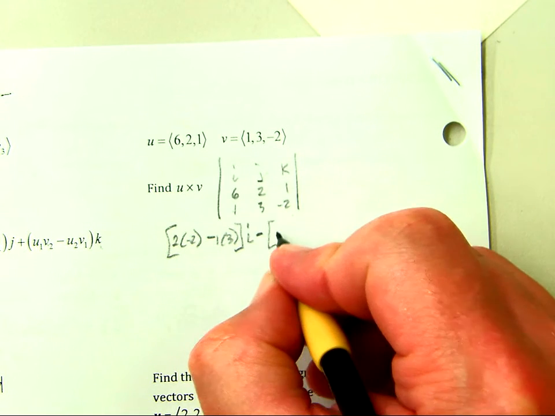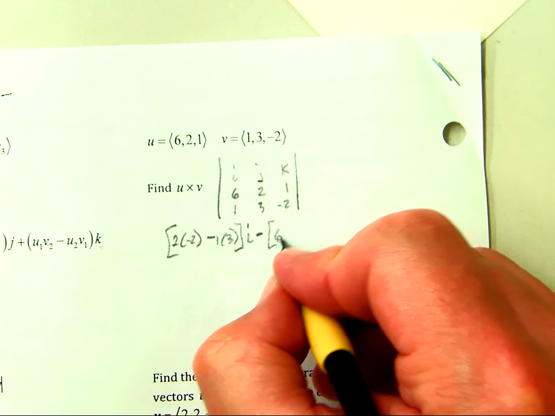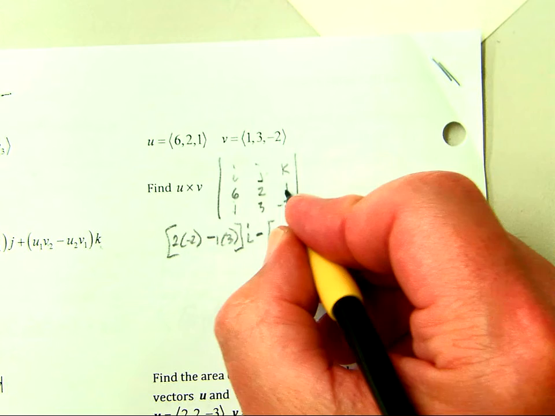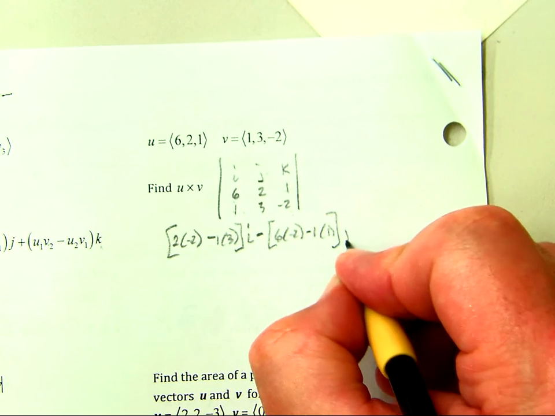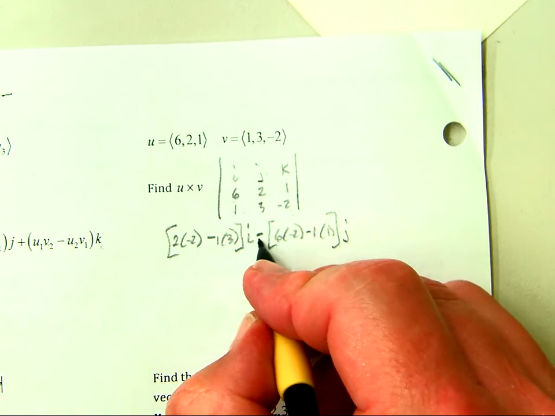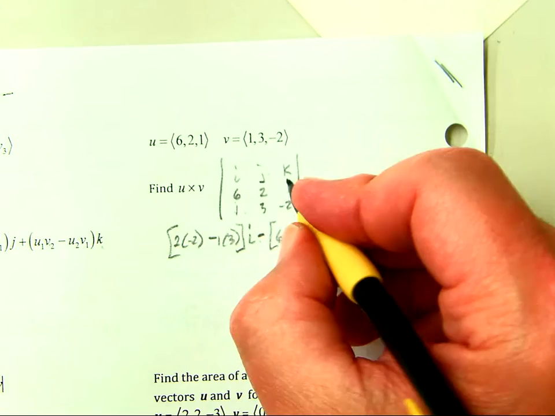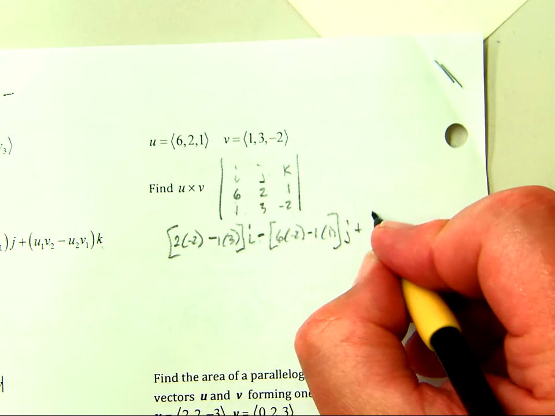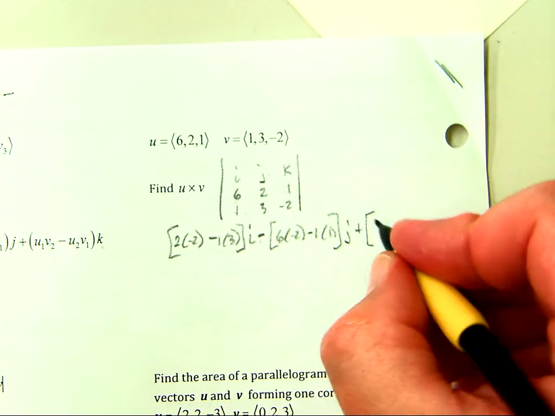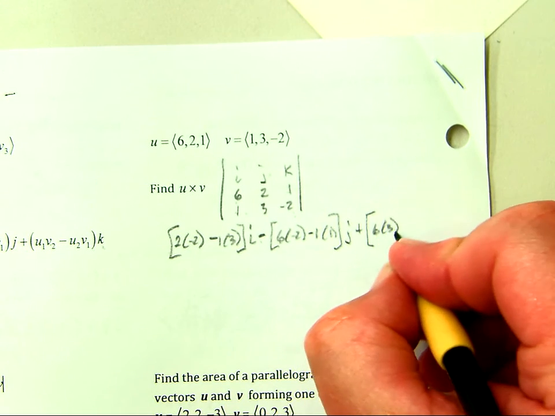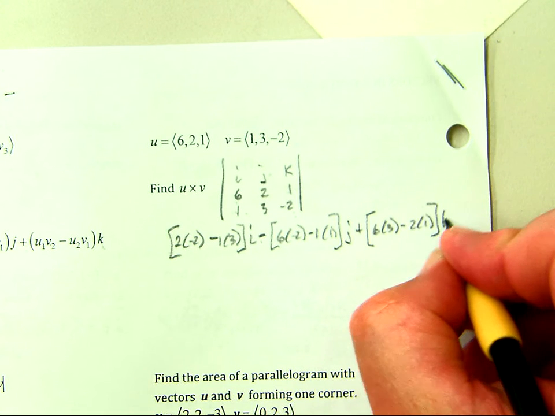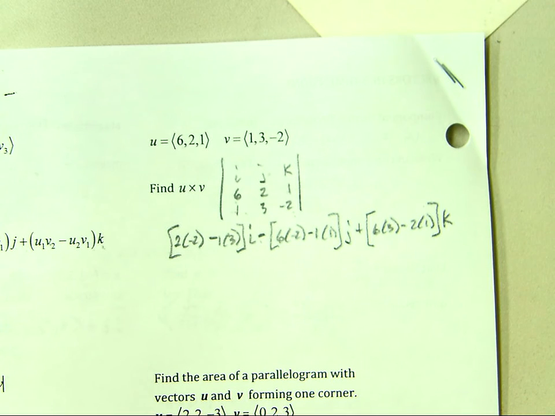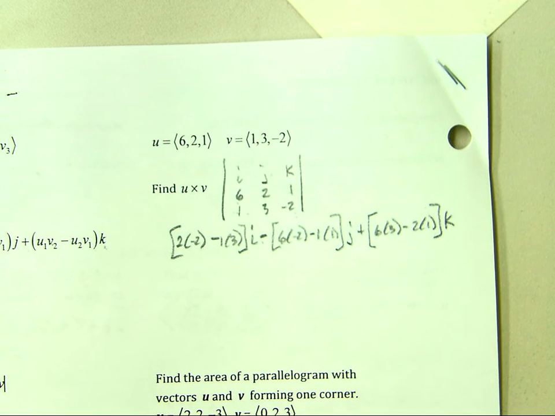So that is 6 times negative 2 minus 1 times 1. That's our j. It's always minus that middle one. Then it's plus. For k, we're going to do the four on the lower left. So that's 6 times 3 minus 2 times 1. And that's our k. So hopefully you remember doing this last week in matrices.